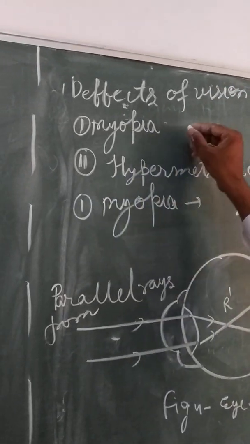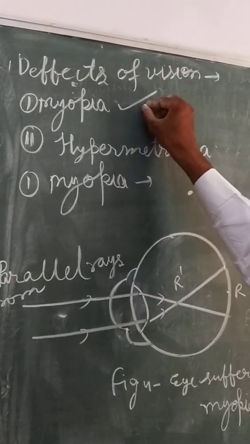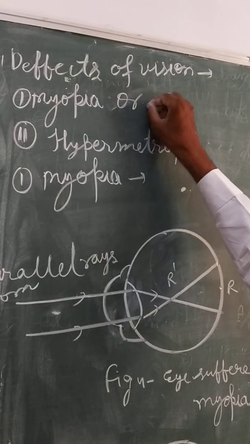Again we discuss the defects of vision. There are two defects. Number one, myopia, which is also known as short-sightedness.